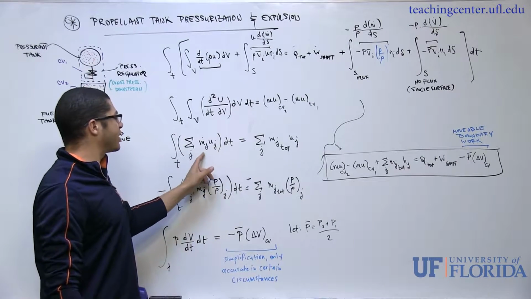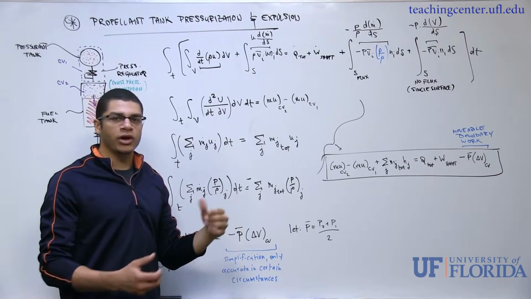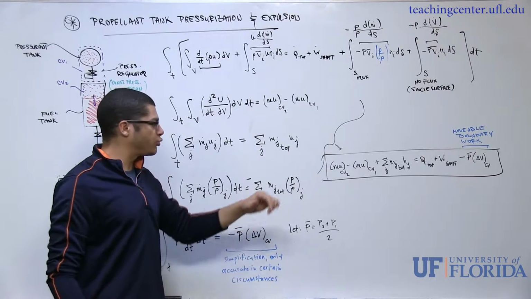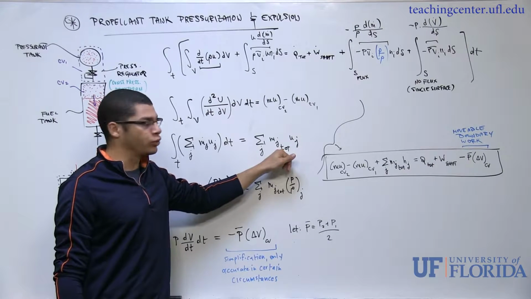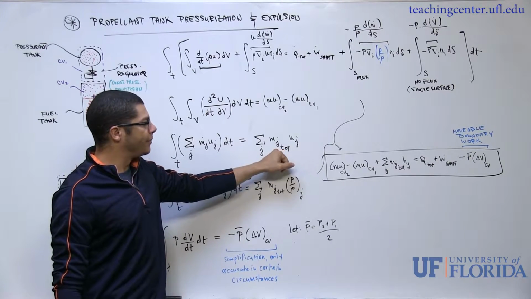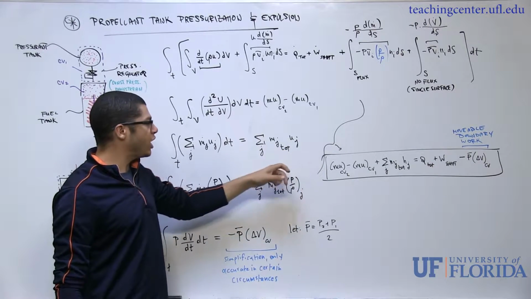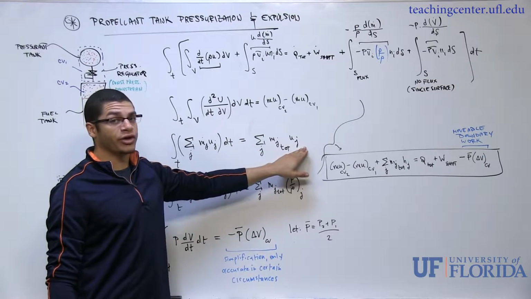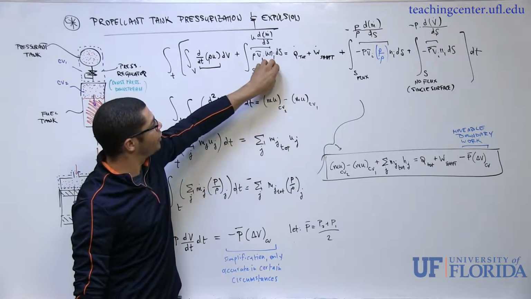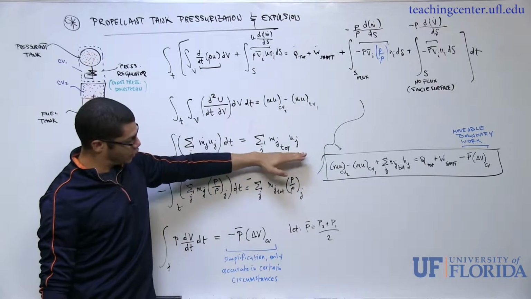So it's really just dt times m dot. And if you integrate a mass flow coming in or out, it's really going to be the total amount of mass associated with that pipe or tube coming in or out during that time interval. And then we still have the summation out front and then the internal energy associated with that same flow. So this entire flux term turns into a discrete number of terms.